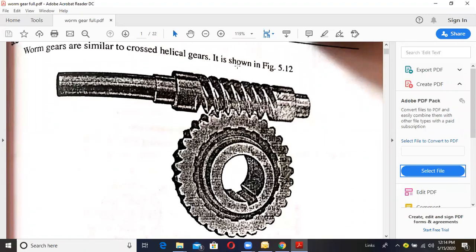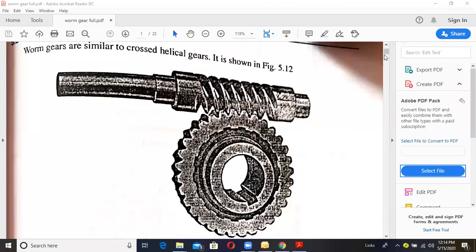What is the lead? L is equal to P, L is equal to 2P, L is equal to 3P, like that. Lead equals pitch, lead equals 2 times pitch, lead equals 3 times pitch, lead equals n times pitch, like that for the thread.